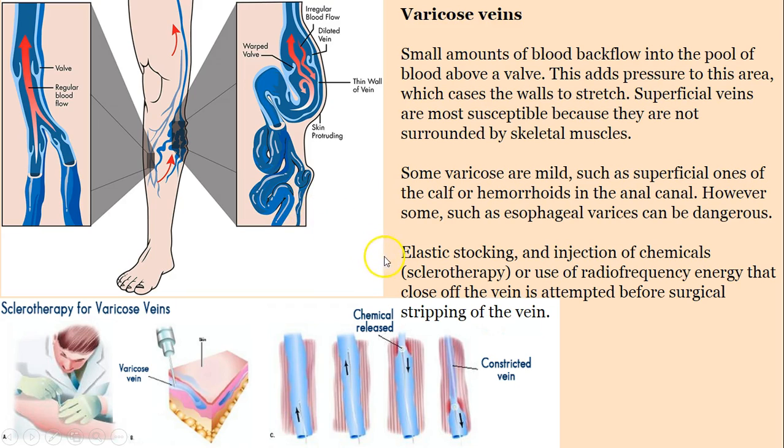Some of the treatments: elastic stockings are the first conservative approach, and then injection or sclerotherapy, or radio frequency, which is kind of neat. I haven't seen this one done, but what we're trying to do here is look below. You see a vein, and our purpose here, it seems kind of strange, is to constrict it and shut it off.